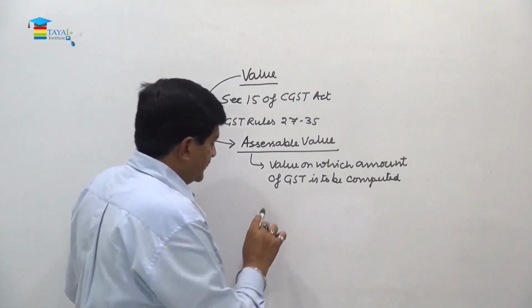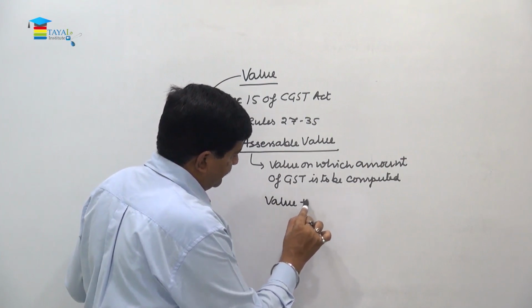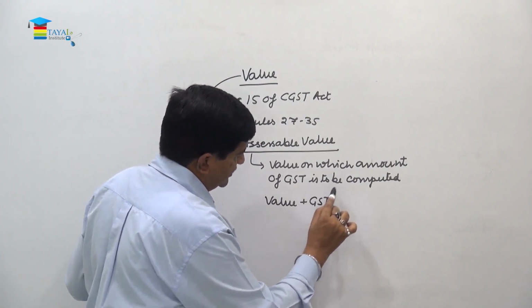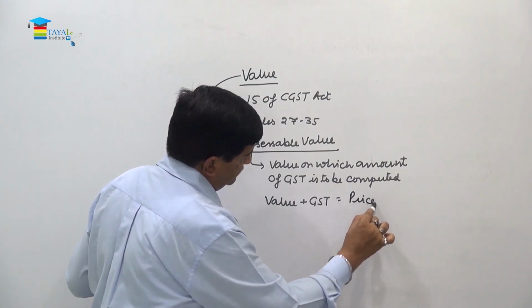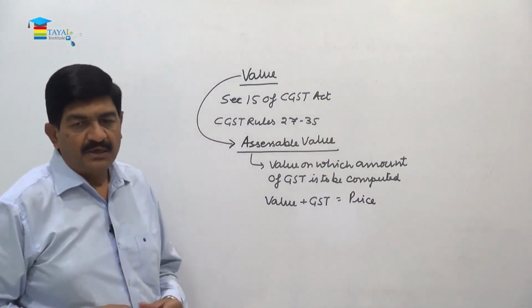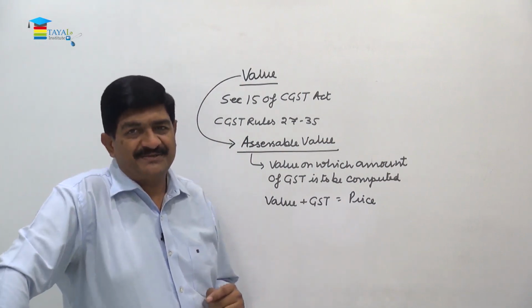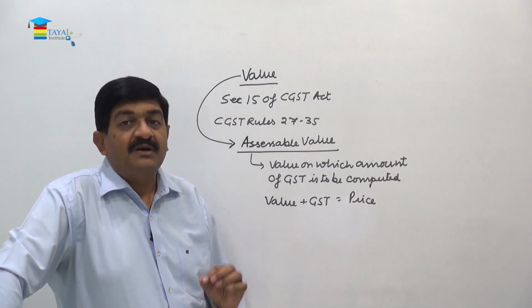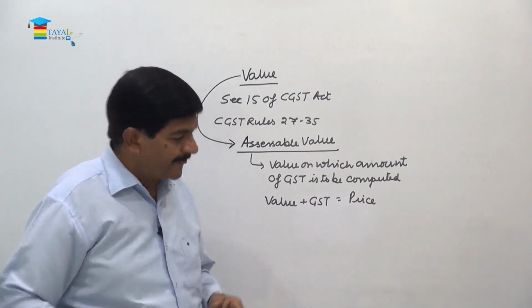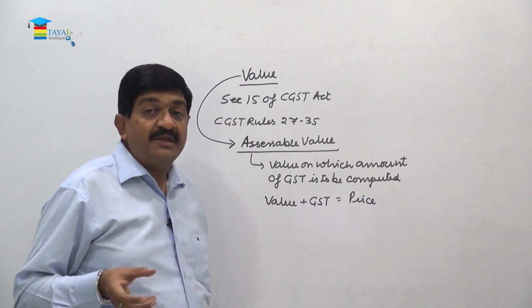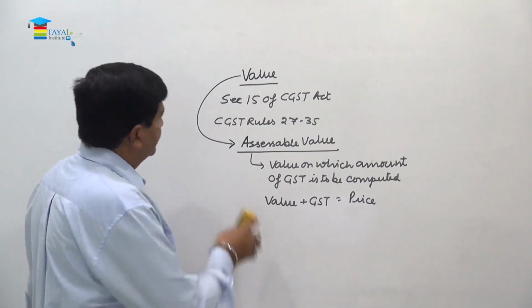It means we will have value plus GST. This will be the price. Now you can ask me a question that in addition to GST there is no other tax. Just wait. I'll give you the answer for that. Okay? So this is just the outline of what we are going to cover in the chapter.